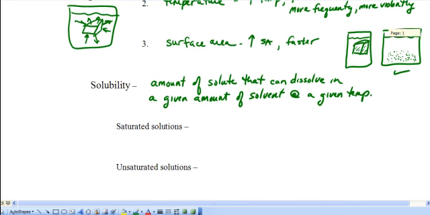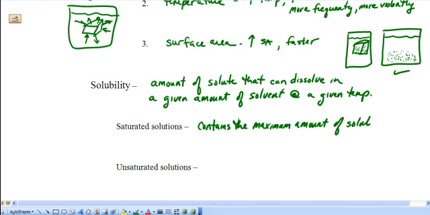Now, once you've reached what's called saturation, a saturated solution contains the maximum amount of solute that can be dissolved, and again, at that temperature.